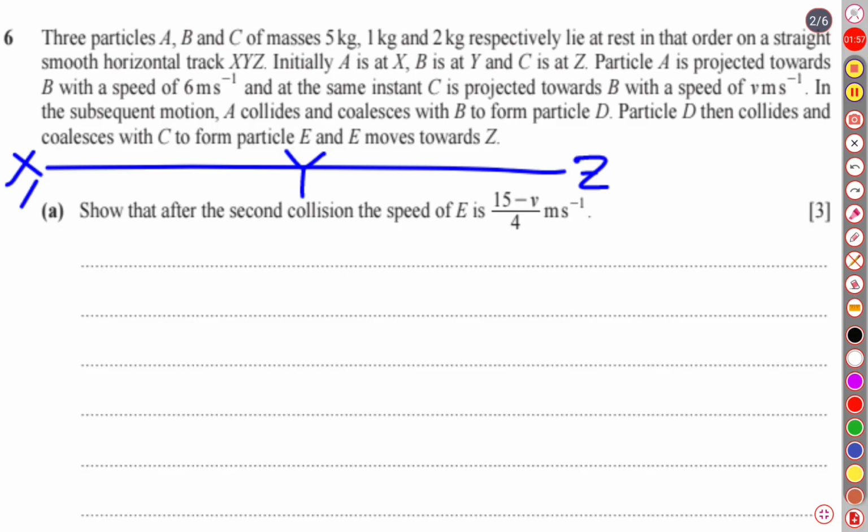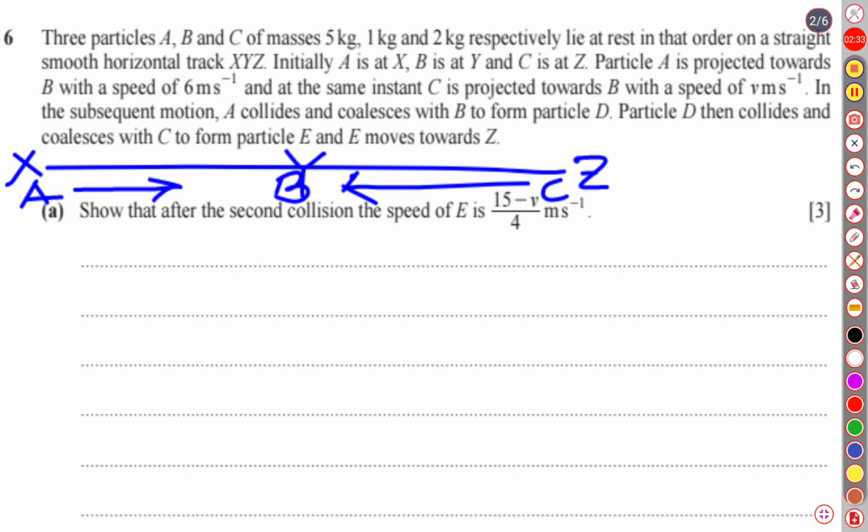Particle A is moving towards B, B is at Y, whereas C is lying at the position of Z, and is moving towards B. So the directions of A and C are opposite to each other.